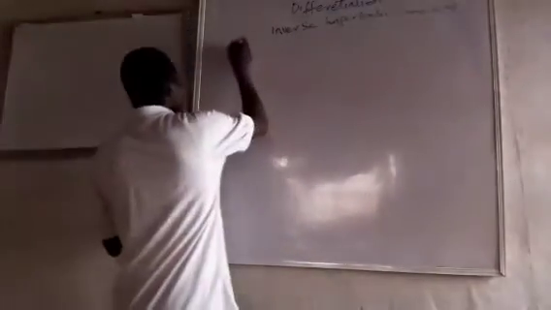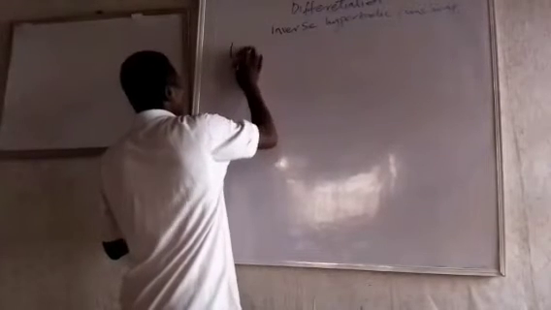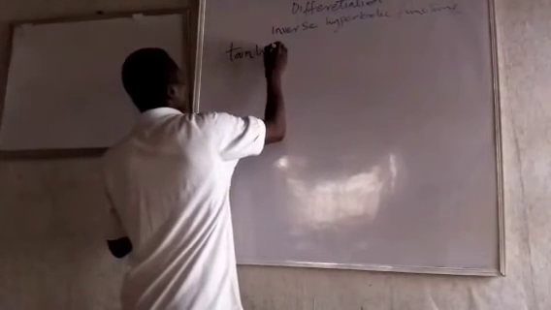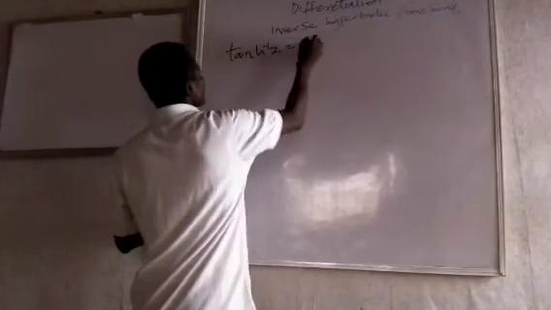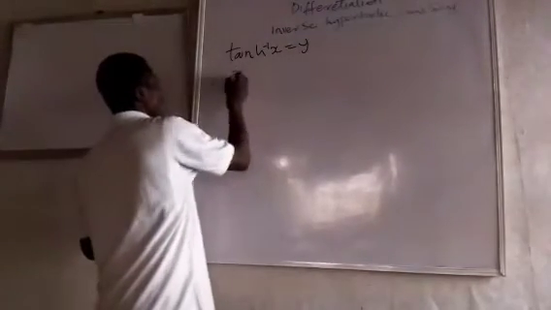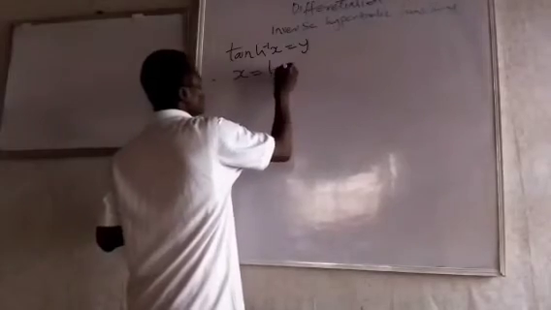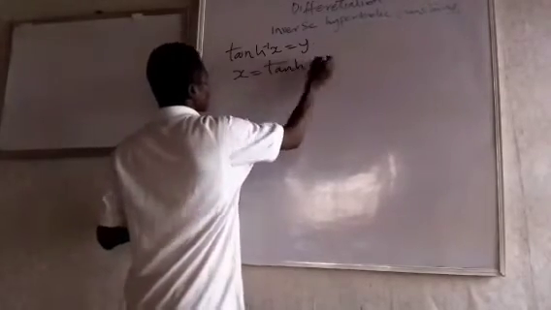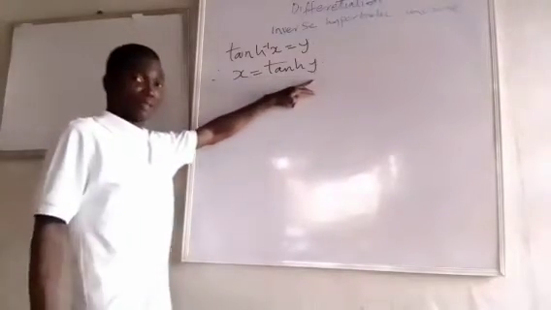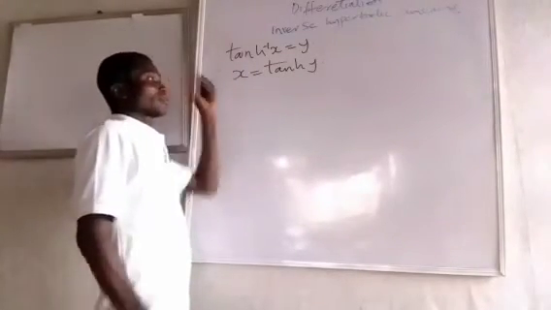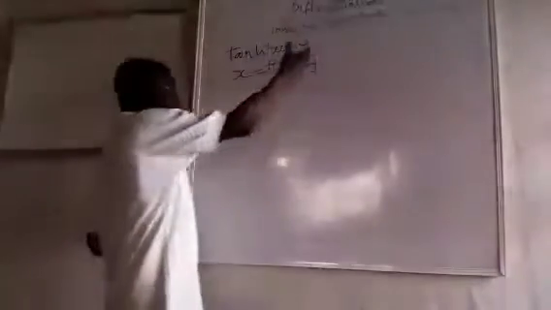Now let's look at tan. So therefore, x is equal to tan y. And we have discovered that when we differentiate this, it's going to give us 1 over cos square.